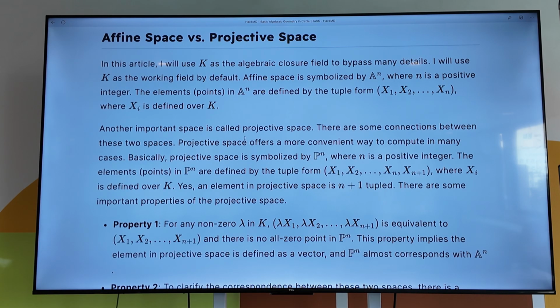So that is why a point in affine space has n coordinates, and a point in projective space has n+1 coordinates. The n represents the dimension of the space. So that is it.